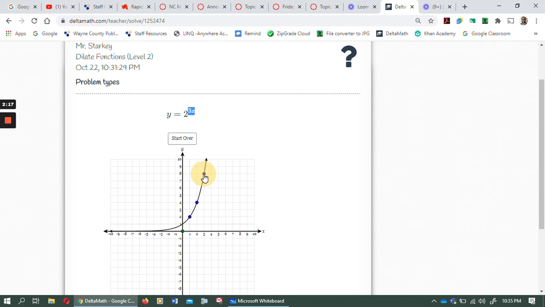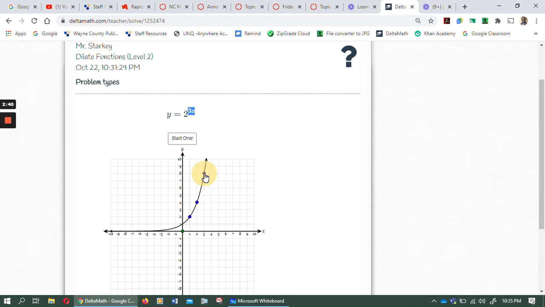This point right here has an x value of 3. So if we're using the scale factor of 1/3 to do a horizontal shrink, we need to take this x value of 3 and multiply it times 1/3.